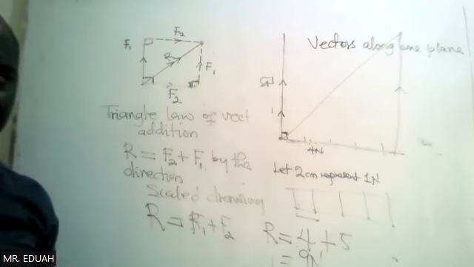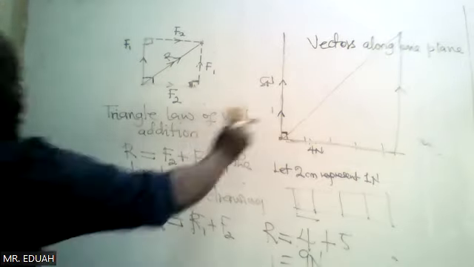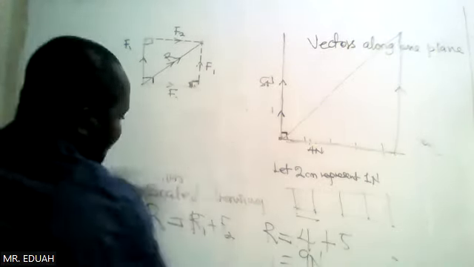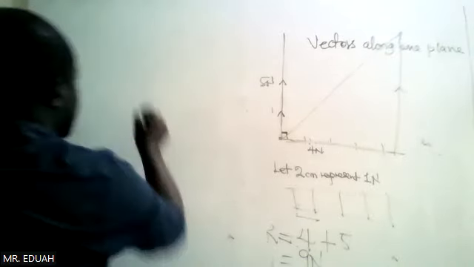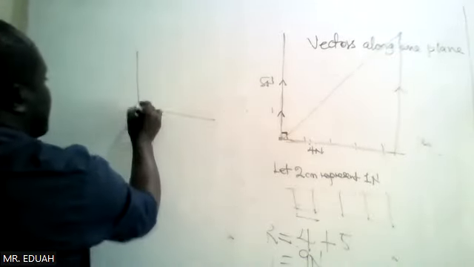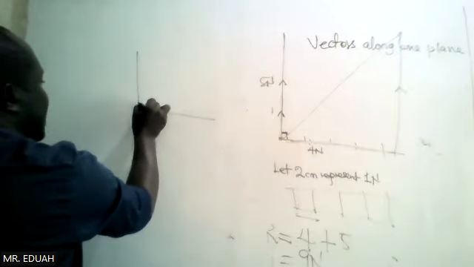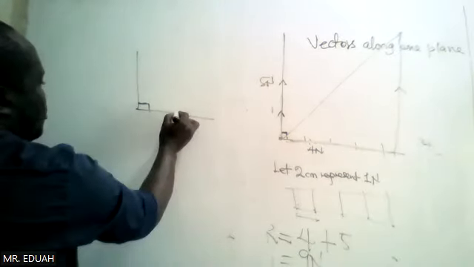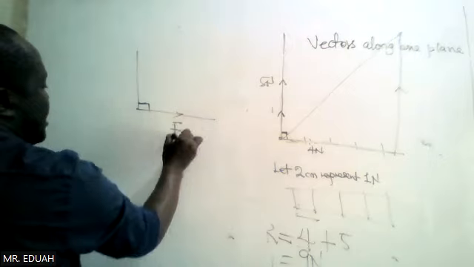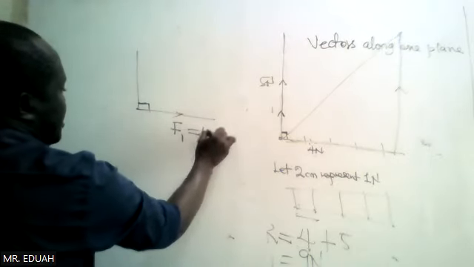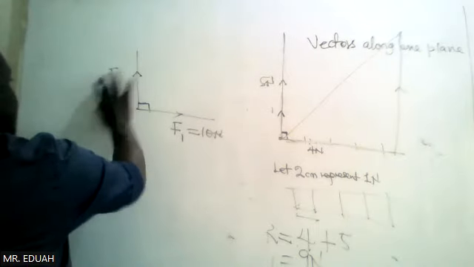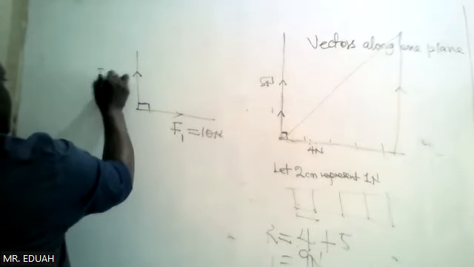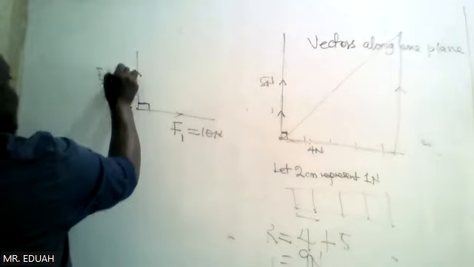Yes, please. All right, so let's give ourselves a problem. We have two forces perpendicular to one another, acting along two planes. F1 is 10 Newton and F2 is 5 Newton.